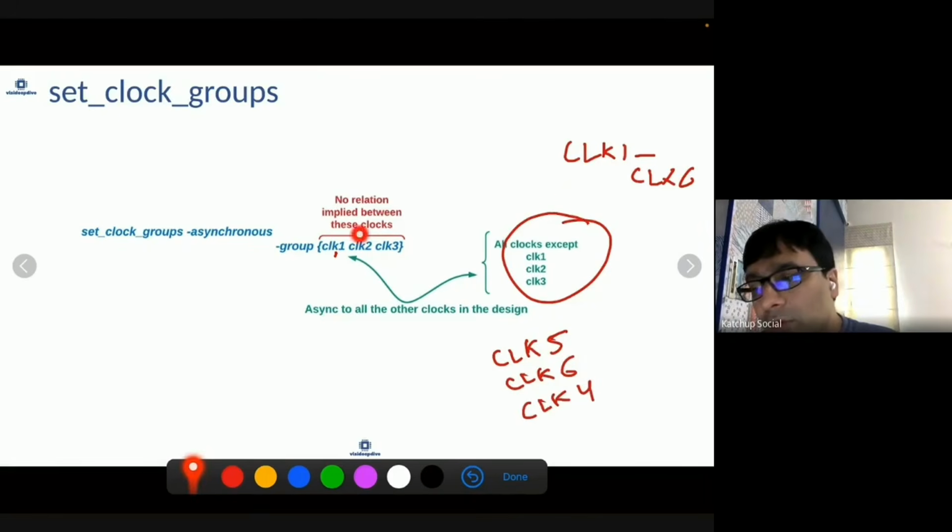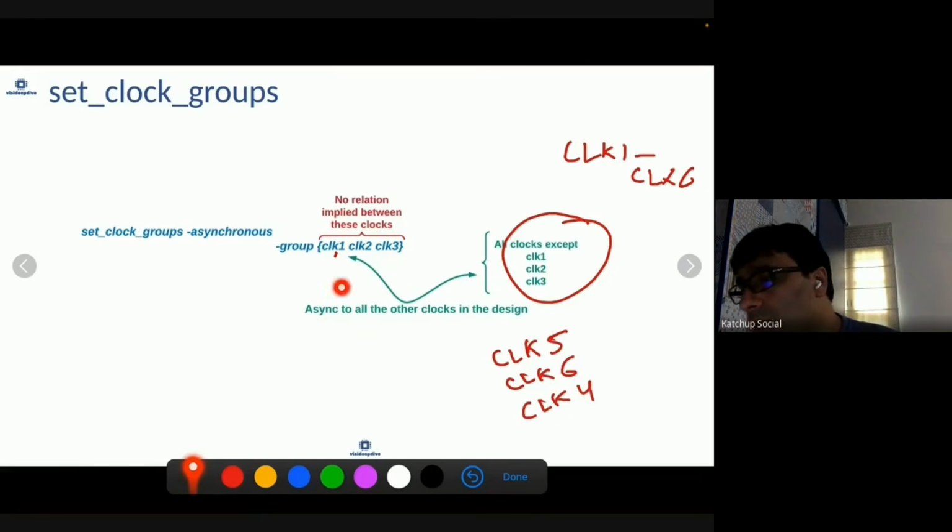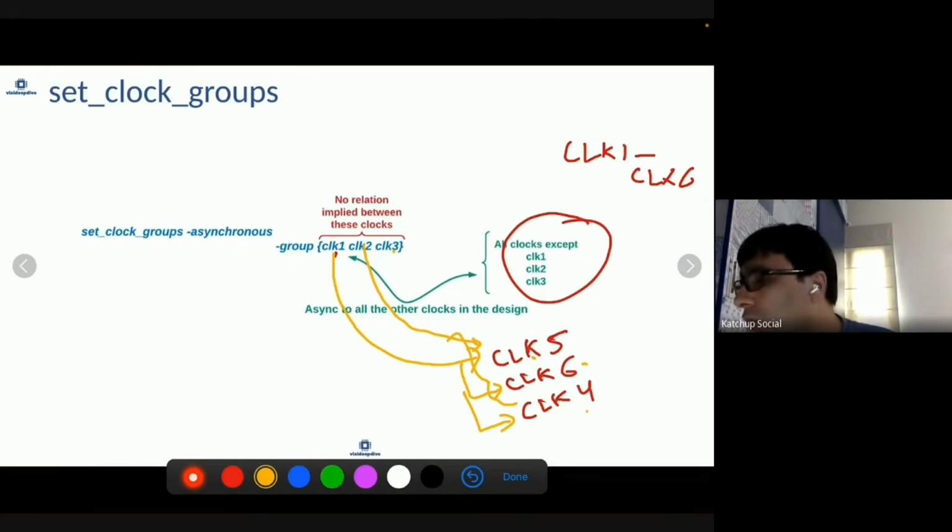So when you only use one group option, it means this set of clocks are async to all the other clocks in the design. So clock 1 is async to clock 5, clock 1 is async to clock 6, clock 1 is async to clock 4. Similarly, clock 2 is async to clock 5, clock 6, and clock 4. Similarly, clock 3 is async to clock 5, clock 6, and clock 4.